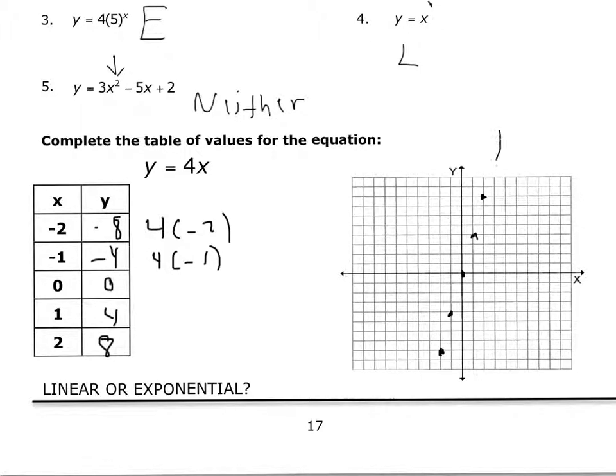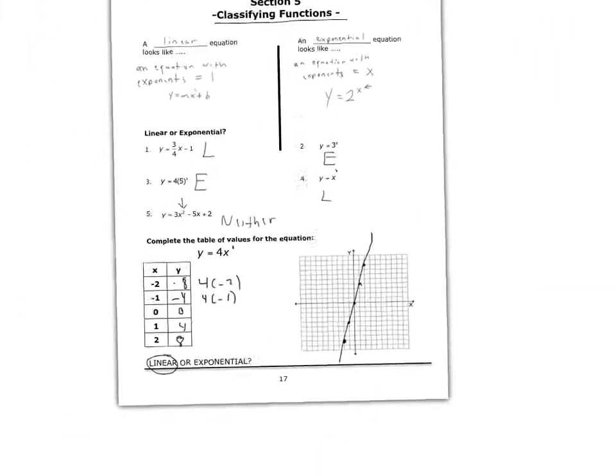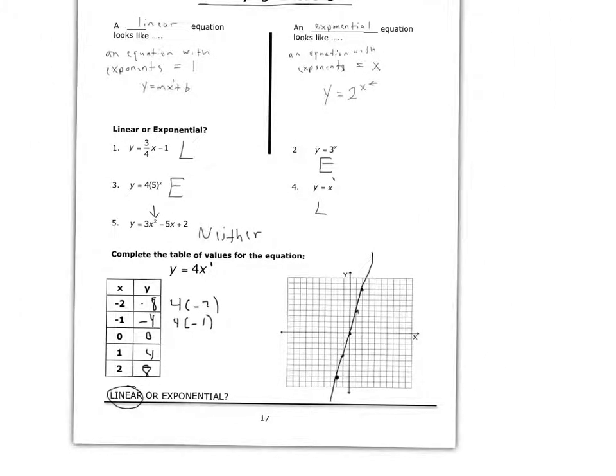And so if you go ahead and connect these lines, that gives you a straight graph, so you know that this thing is going to be linear. Now you could have realized that based on there only being an exponent of 1 and there not being any exponents that are variables. You could have assumed that that is a linear graph. Okay, so go ahead and move to the next page.